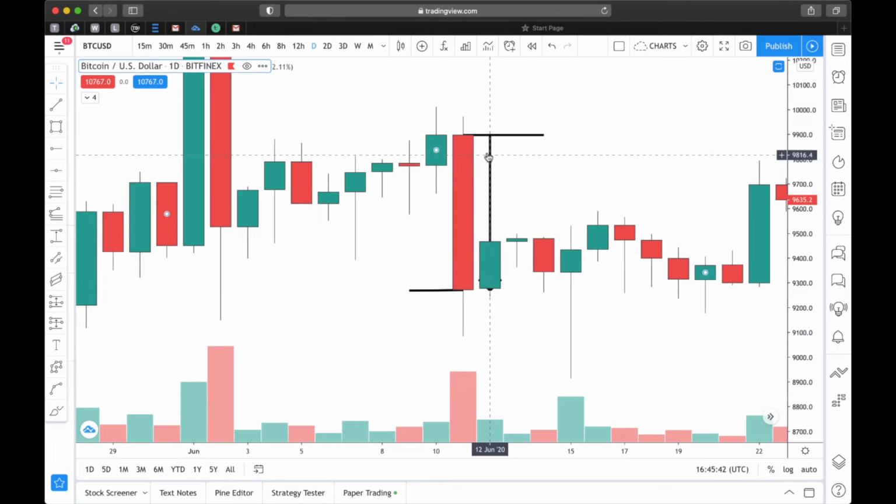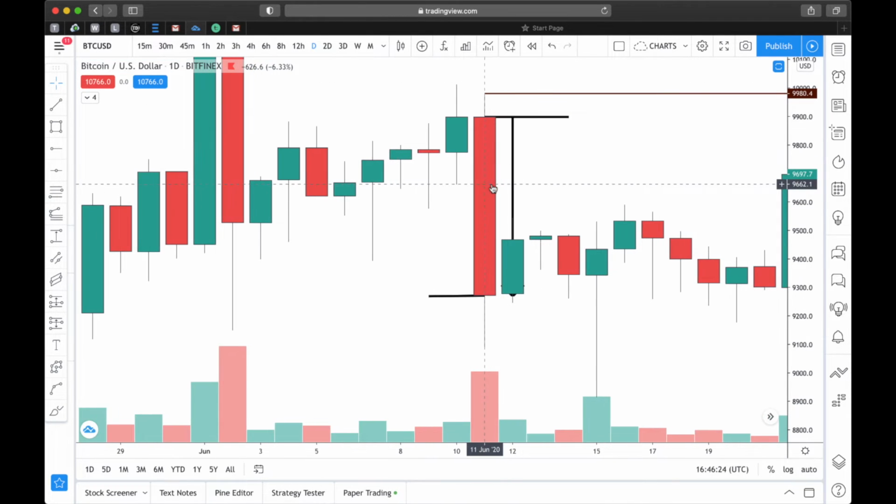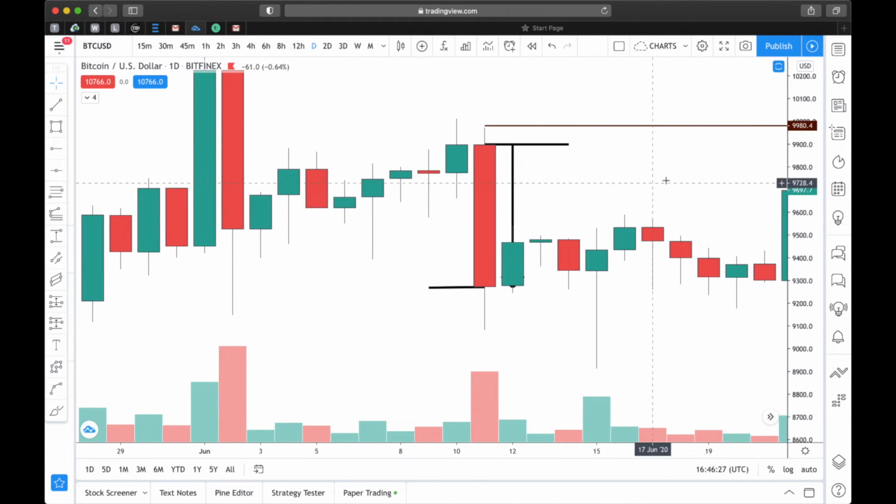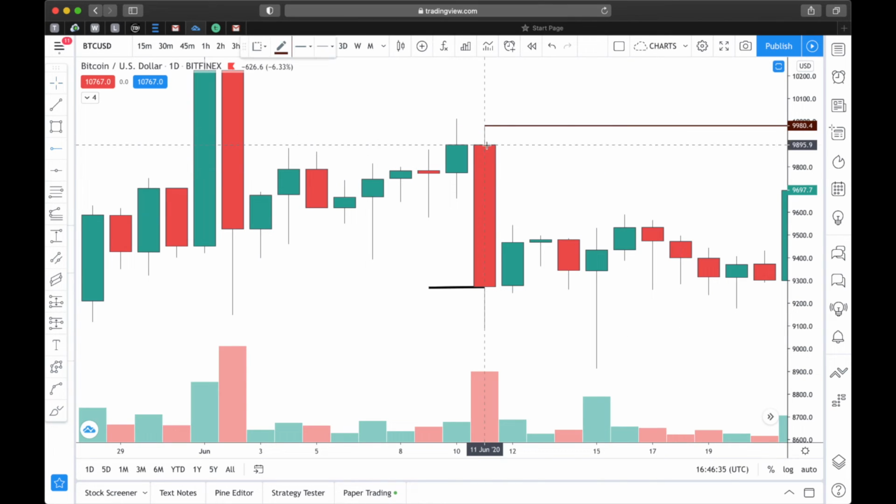So price moved from the opening price, which was 9,900, down to 9,200 that day. So the opening price is higher than the closing price. Do you understand? So the highest Bitcoin got to that day was 9,980. The opening price is about 9,900. Then the closing price is what?